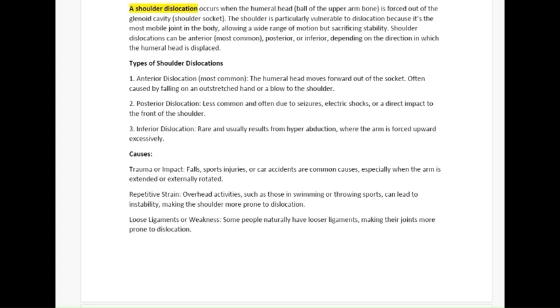The posterior dislocation can happen due to seizure, electric shock, or a direct impact to the front of the shoulder, and it's the least common. The inferior dislocation is rare and usually results from hyperabduction, where the arm is forced upward excessively.